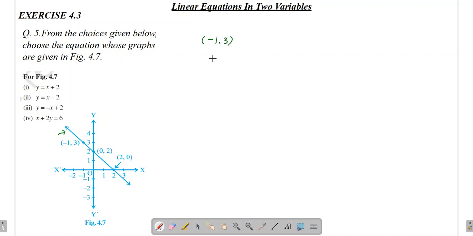One is 1 comma 3, another is 0 comma 2, and the third one is 2 comma 0. Now all these 3 points you can see are lying on this line only, which means these 3 are the solutions of the equation whose graph is given in the question.